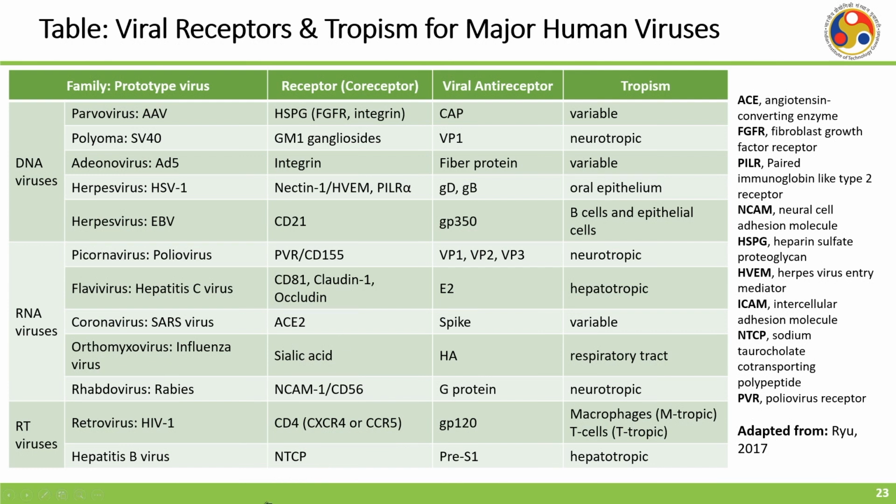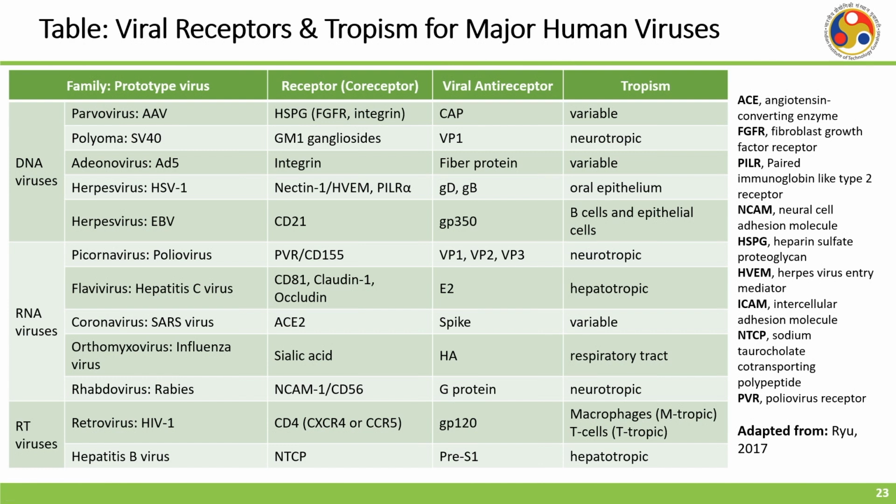And then there are certain viral anti-receptors. For example, you have CAP in the case of parvovirus, and VP1 in the case of polyoma, and so on. And in the case of coronavirus, you have the spike, and then you have GP120 in the case of HIV, and pre-S1 in the case of hepatitis B virus.